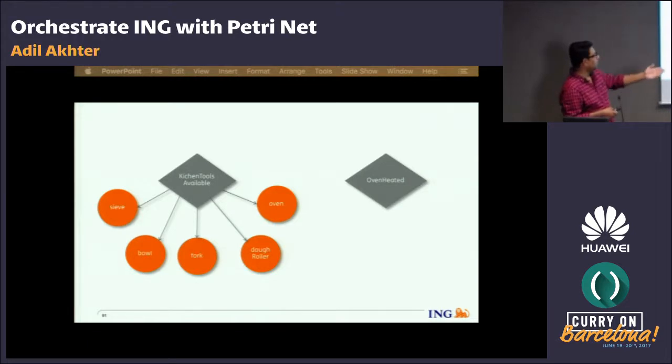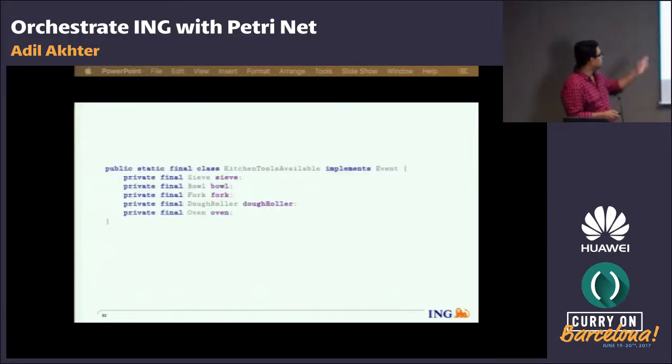Or it could be only an oven heated event. So let's say that you turn on your oven, you get an event that the oven is heated already. So you could define this kind of event by extending this event marker trait, and you specify all the stuff that it can produce. It might not produce anything.